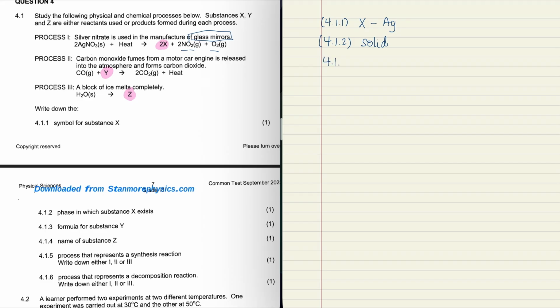Question 4.1.3. Write down the formula for substance Y. So carbon monoxide fumes from a motor car engine is released into the atmosphere and forms carbon dioxide. So what is the carbon monoxide going to react with in the air? Well, in the air we have oxygen, so it's going to react with oxygen, O2.